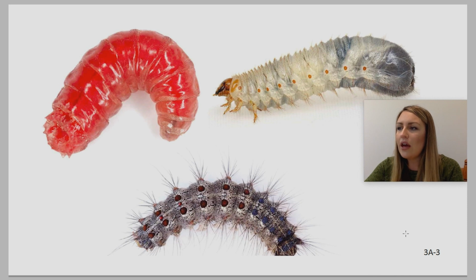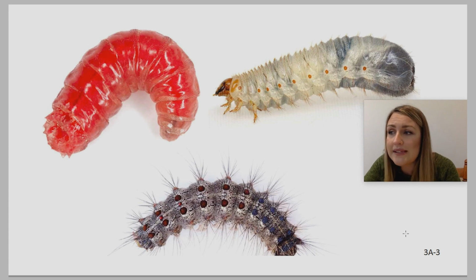Fly larvae are called maggots. Beetle larvae are called grubs. And the larvae of butterflies and moths, as you just heard, are called caterpillars. Larvae feed and grow as quickly as they can.